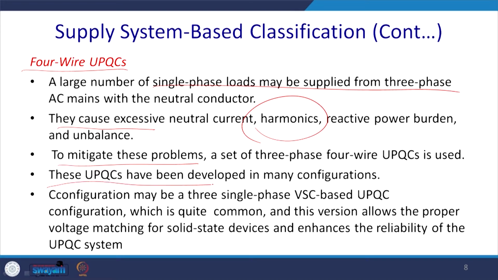The UPQC has been developed in many configurations. Configuration may be there a single phase VSC based UPQC, which is quite common in this version, allows the proper voltage match for the solid state devices and enhances the reliability of the UPQC.